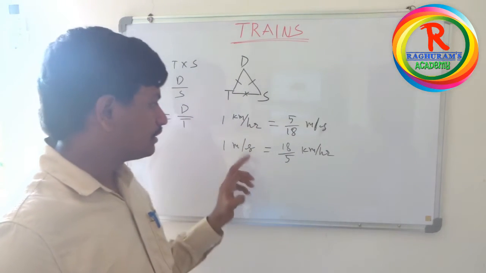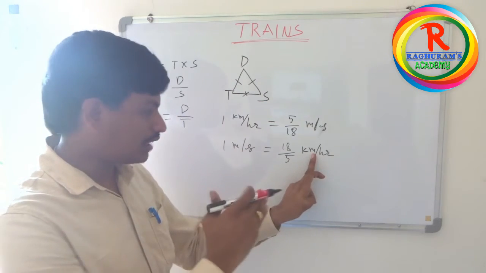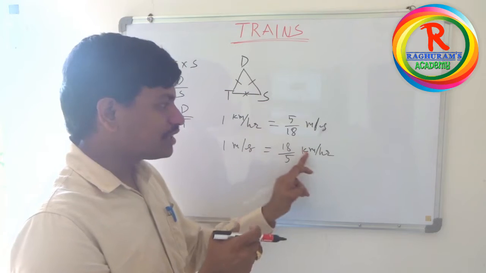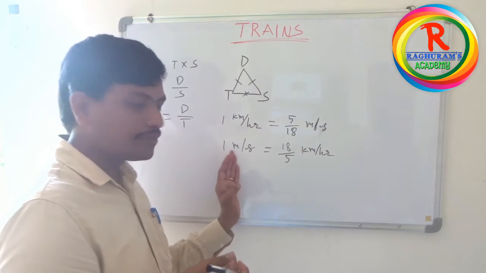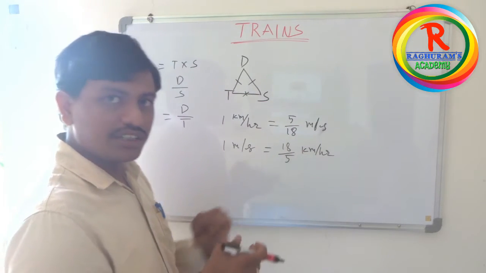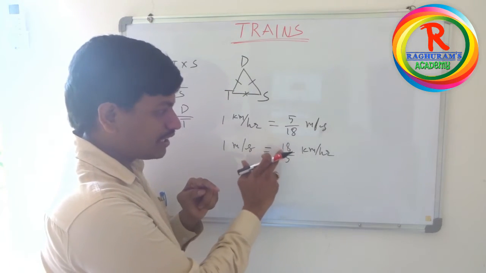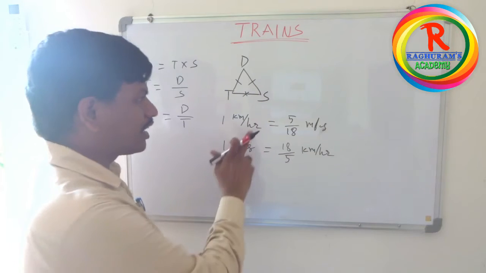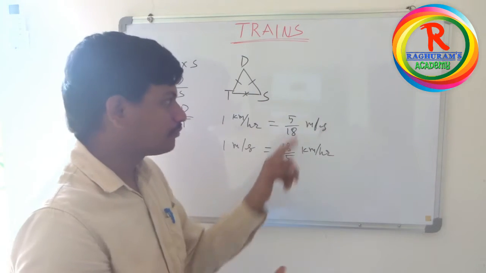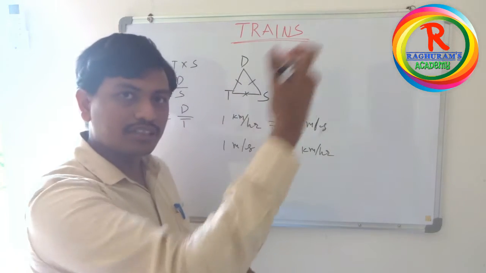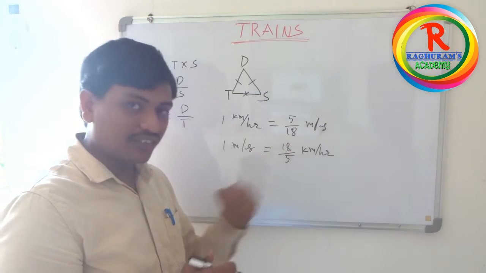And when we have to convert meters to kilometer, meter is the smaller thing and kilometer is the bigger thing, so we have to convert smaller to bigger. So to increase the value, just multiply by 18 by 5, numerator the bigger number. In the same way, hour is bigger and second is smaller, so multiply by 5 by 18. Second is smaller and hour is bigger, so to increase the value, multiply by the bigger one.